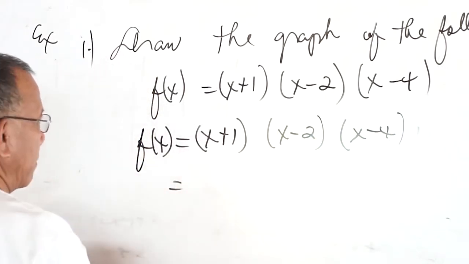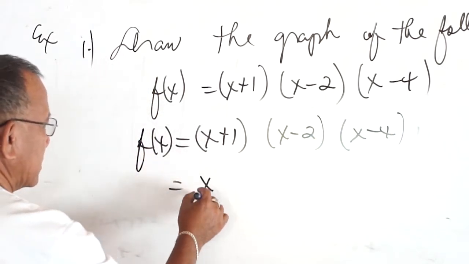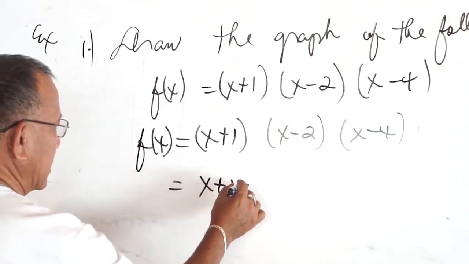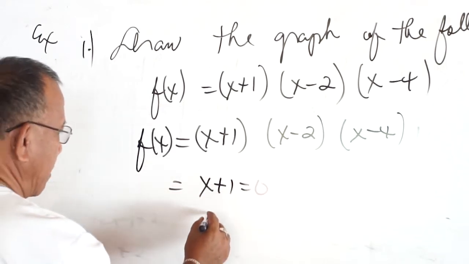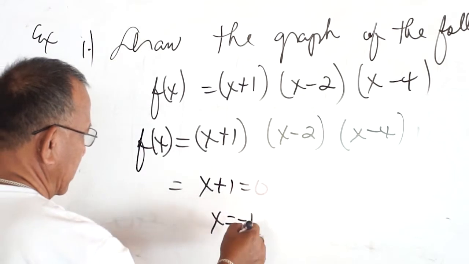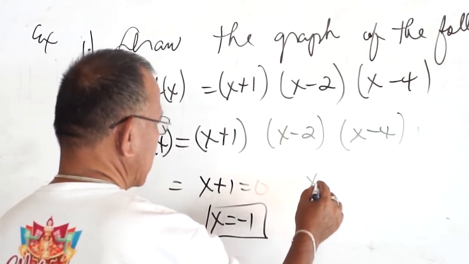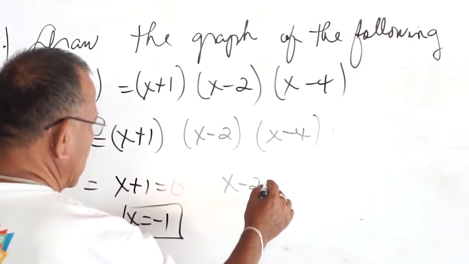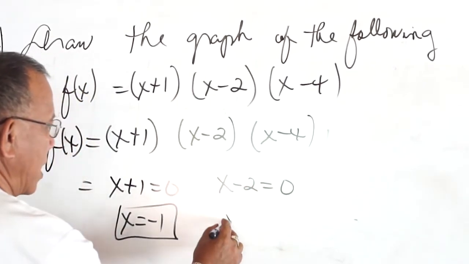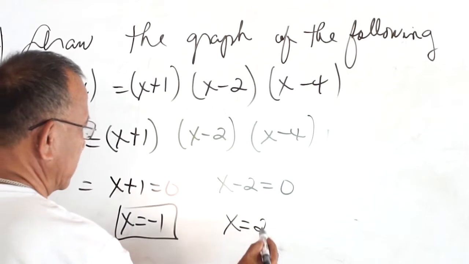So we have x plus 1 is equal to 0, so x is equal to negative 1. Then x minus 2 is equal to 0, so x is equal to positive 2.